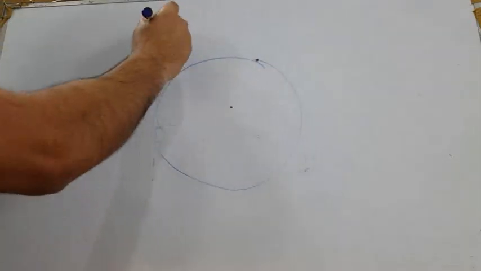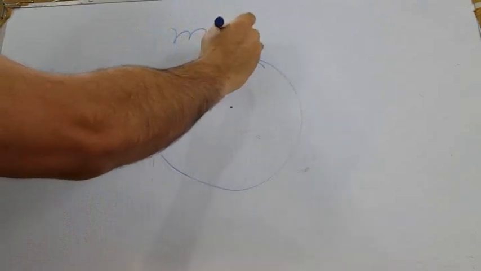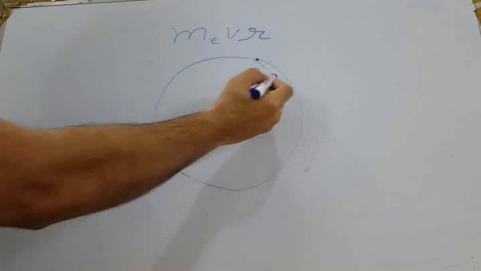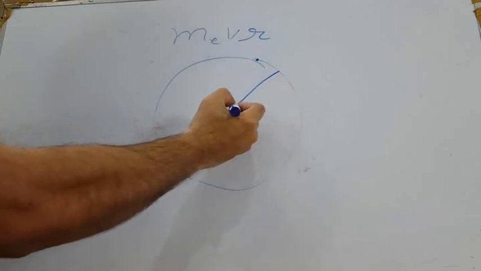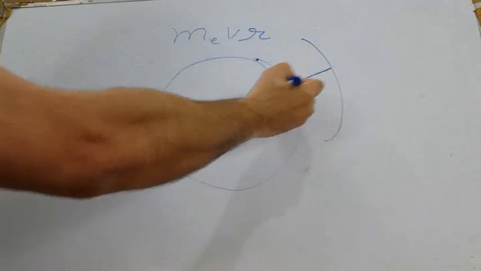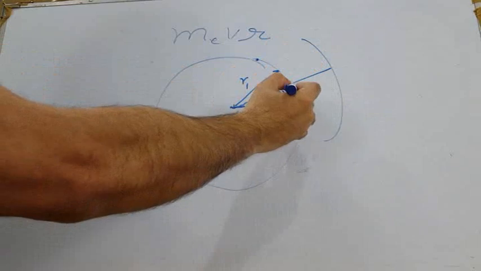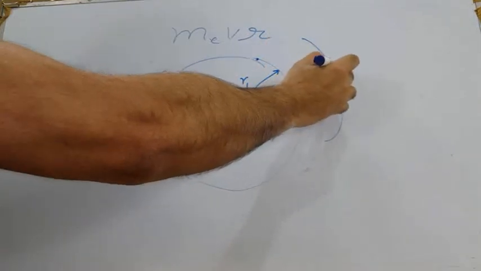angular momentum, that is mvr, where r is whatever the radius is. Suppose this is r1, this is r2, and so on.